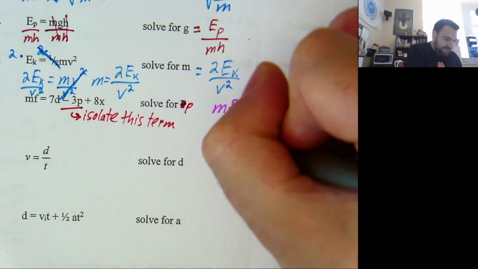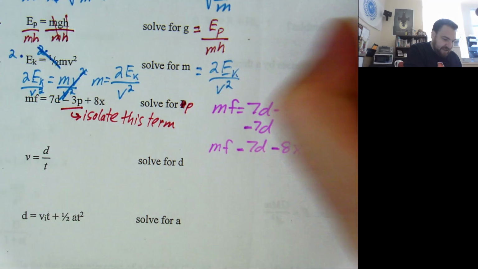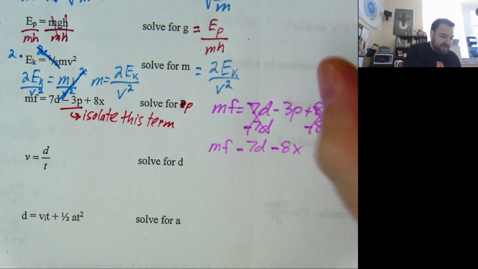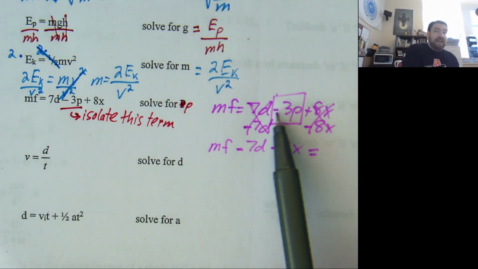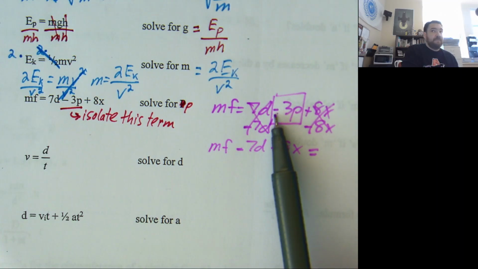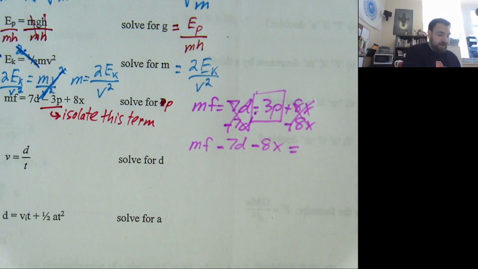And I'm going to get mf minus 7d minus 8x. That cancels and that cancels. Is going to equal whatever I have left over here, including whatever sign is out in front of it. So that negative, or that subtraction there needs to stay as a negative on the 3p. So we're going to get negative 3p in here.